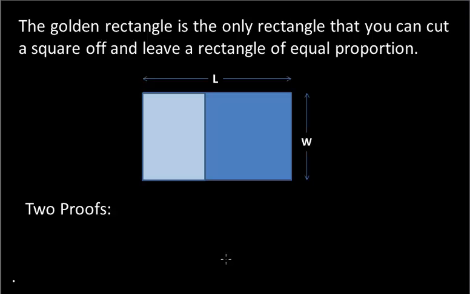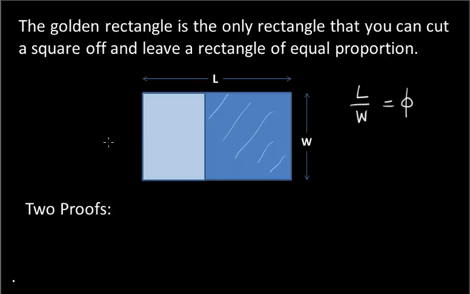So if we look at this golden rectangle here, we know that L over W is phi. If we cut off the largest square possible, which would be this blue square here, a W by W square, we're left with this white rectangle, which is also golden.